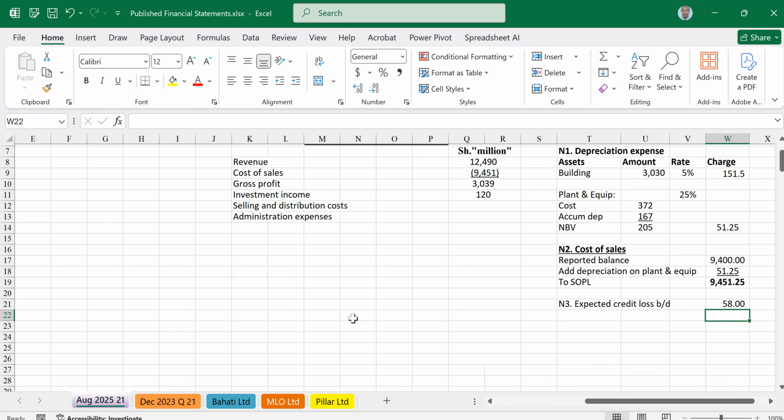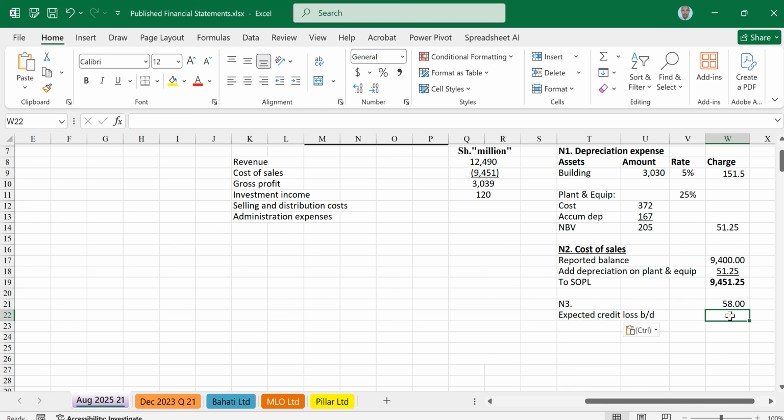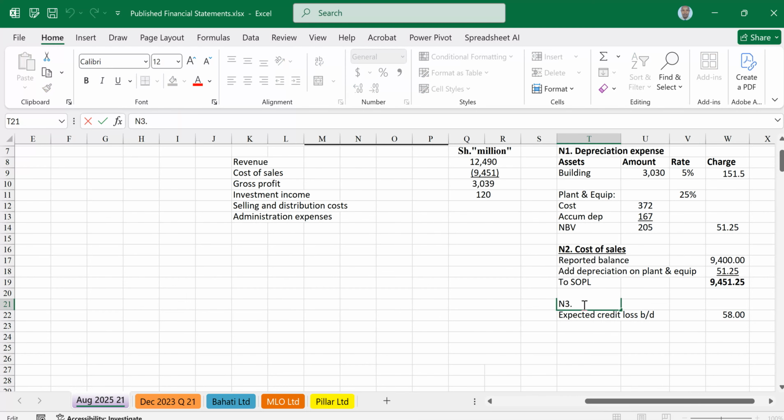Then this should be moving down. So expected credit loss should move down. And this is just expected credit loss.